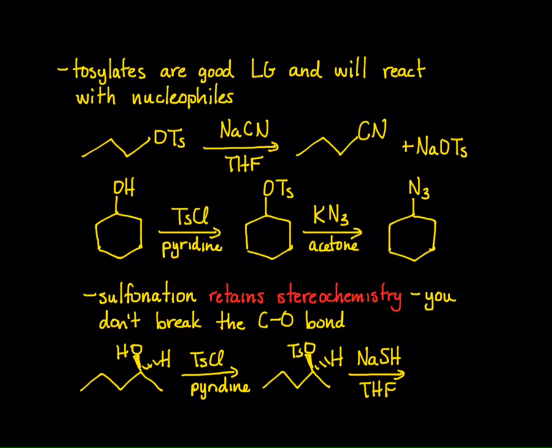And if I react it in an SN2 mechanism, I know I'm going to get inversion of configuration, right? So the mercaptide is going to come in from the opposite side of the tosylate, and I get complete inversion. So now notice what happens, the SH is from the backside because the tosylate was coming out at me. So I've inverted the stereogenic carbon, and that is my product.